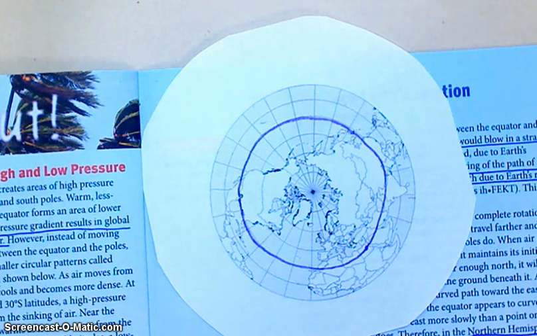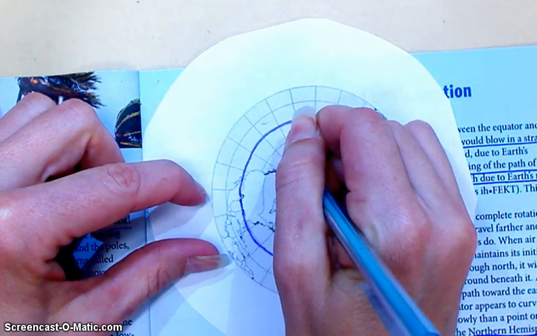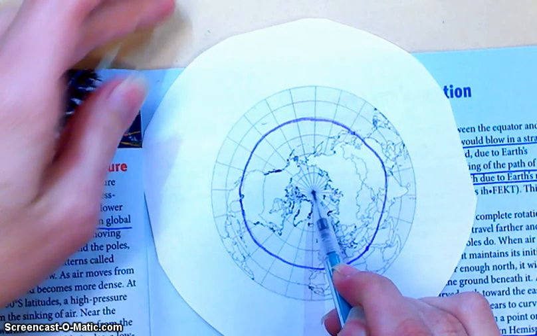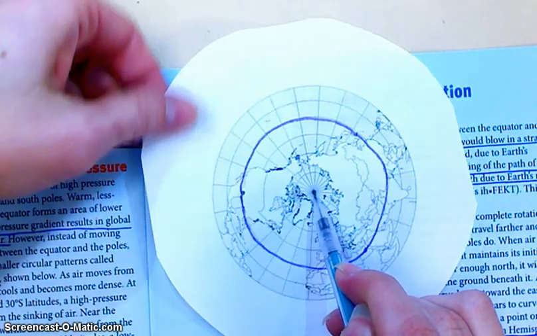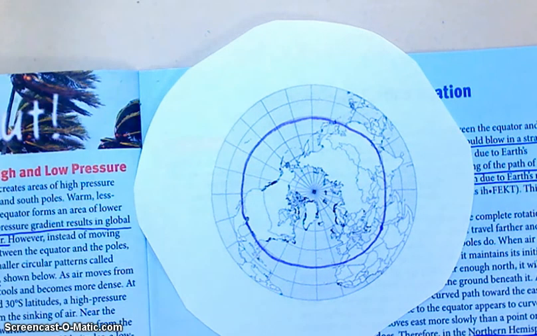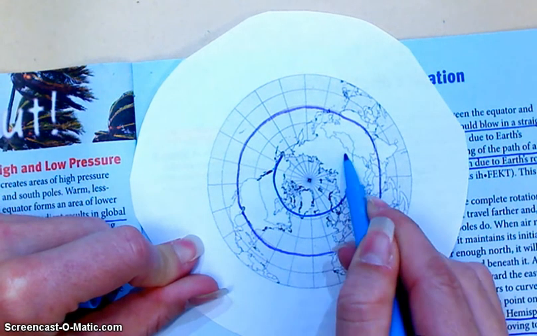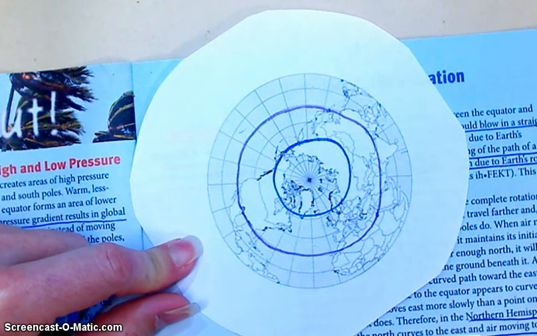If we're living in Alaska, we rotate once. It takes 24 hours, but because I'm closer to the poles, I've only gone this much distance. Lay that out, and that's a shorter distance.